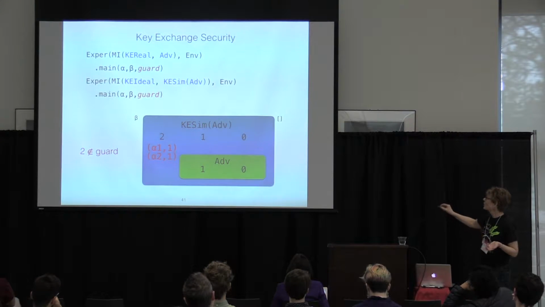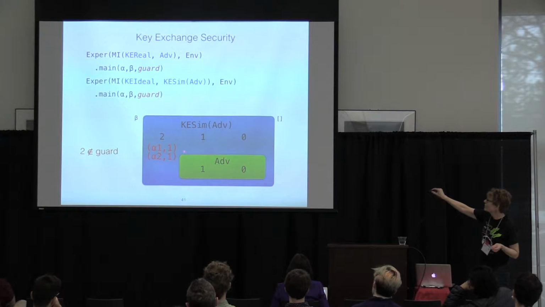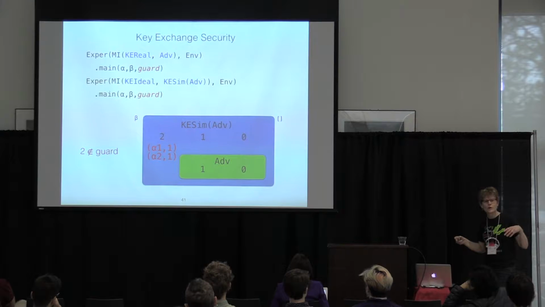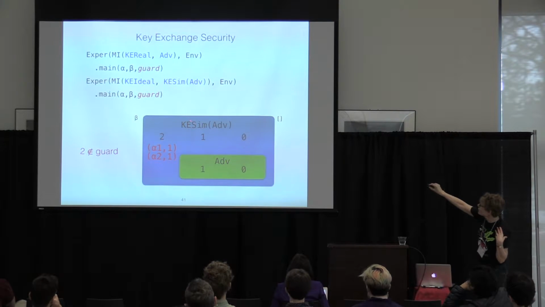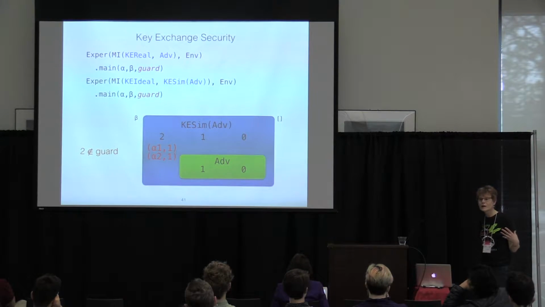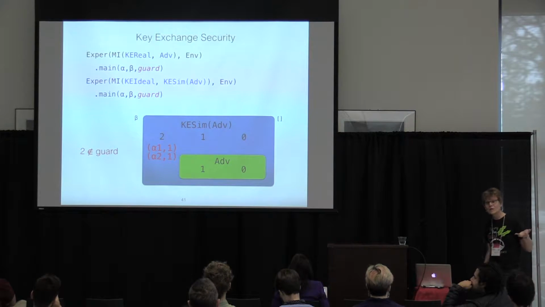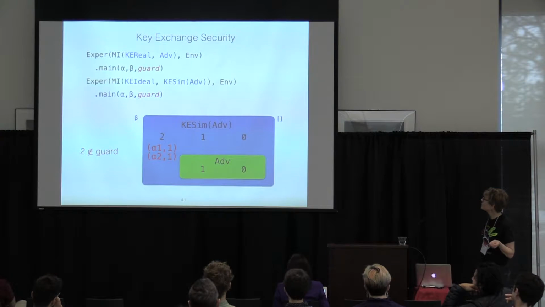It also pretends to be the real functionality's forwarders. So we had these 2 forwarders within the real functionality for key exchange, and there's this dance where the simulator is pretending to be these forwarders and interacting with the adversary. That's how it tries to convince the adversary and the environment that it's really not the ideal, that it's the real functionality.